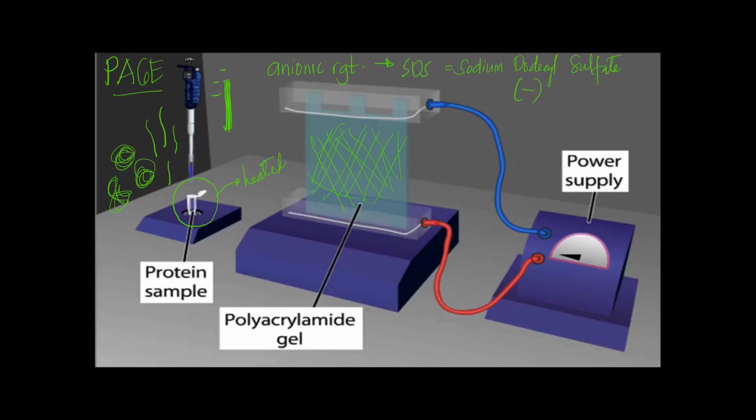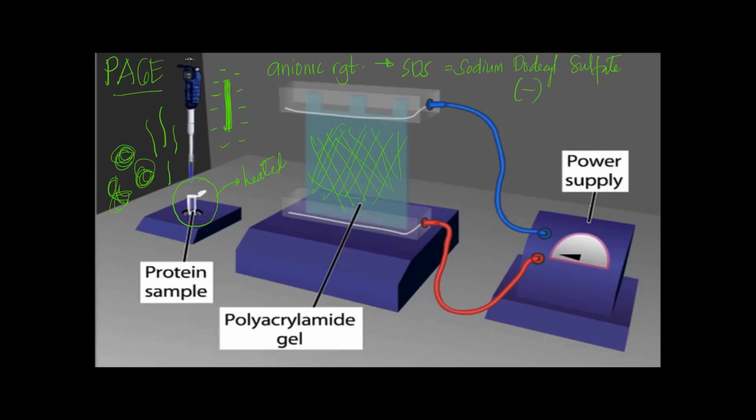This will be coated by negatively charged SDS molecules. So that means the proteins have all similar shape and charge to mass ratio. And another thing, if the proteins contain different subunits, the SDS will not only unfold the proteins but also dissociate the proteins into their individual polypeptide chains.